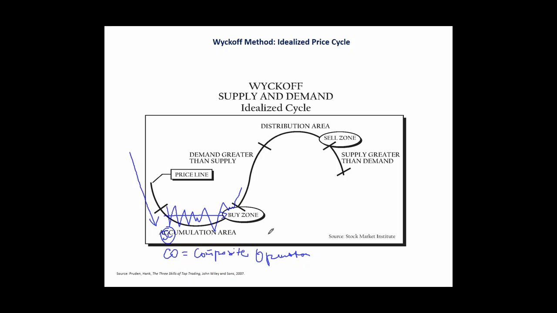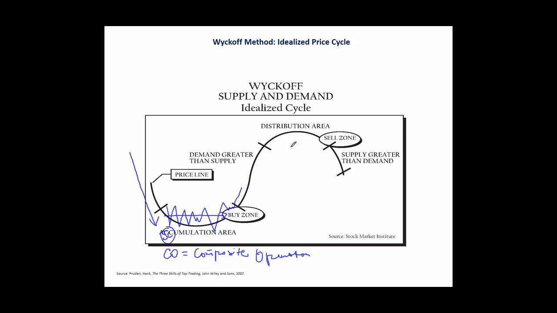It can take months and months to do this. They're very patient, very thorough, very good traders, and very careful about the prices at which they accumulate shares. And the same thing occurs with distribution.